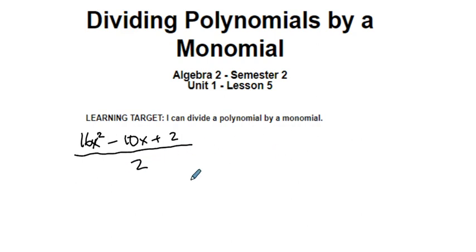Now, most of you understand the idea that when you divide a polynomial, something that's more than one term, by one number, what you've put together is a fraction with a common denominator, right? And so what we do is we break it apart.